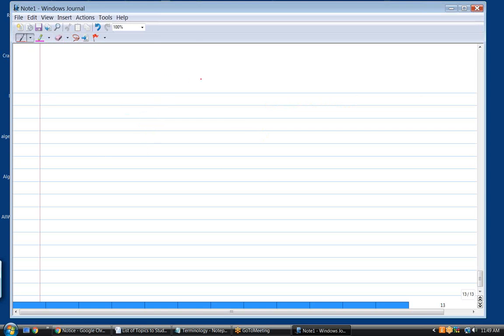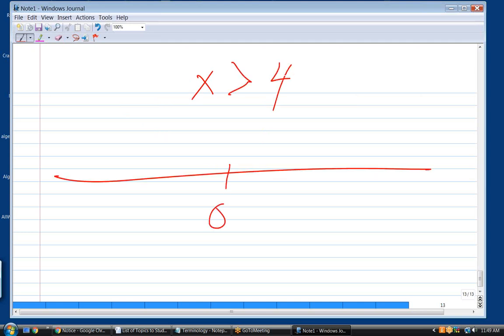And if I said x is greater than 4, you would put an open dot on 4 and just connect those. Make sure you're on the right side of that.